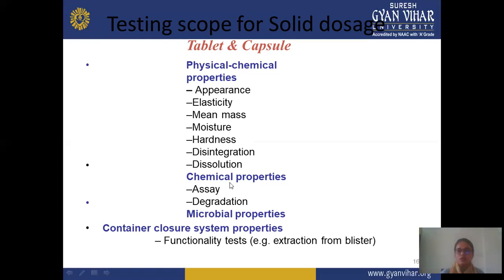In this, we assure that all types of packaging material and foil material are in good condition and do not interact with your formulation, and that they store your formulation in good condition for the time period. So you can check the container closure condition, and also the interaction of the drug with the packaging material.